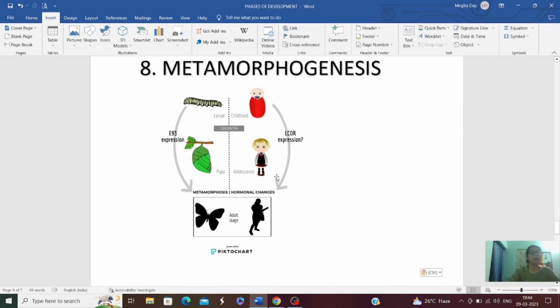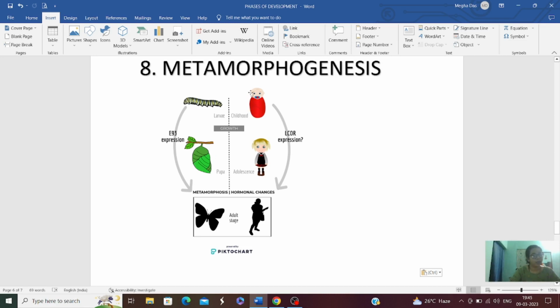And the last step is metamorphosis. That is the process in which certain organisms undergo change from the larval stages into the adult stage. A very good example of metamorphosis is the butterfly. First it forms the larval stage, then it undergoes the pupa, and finally it forms into a beautiful butterfly.